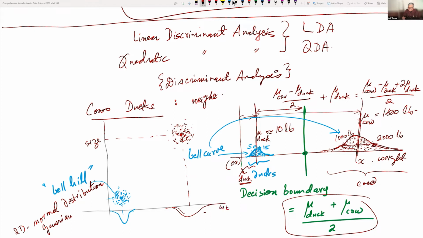This is weight. Would you agree? And the same here, a bell curve, blue. If you take the shadow of this data, it's called projection, and project it on this axis, you would expect the bell curve of the cow to be here, isn't it?